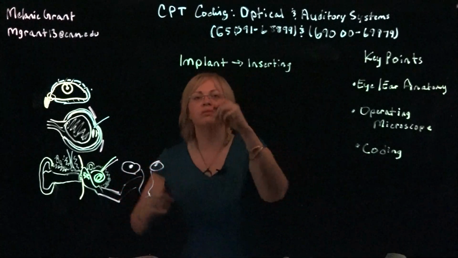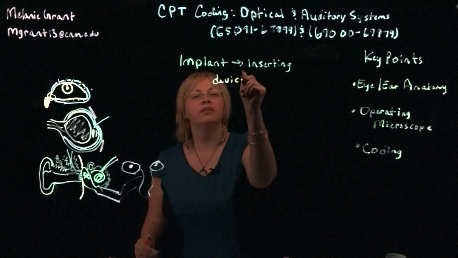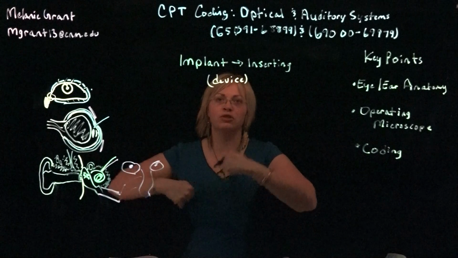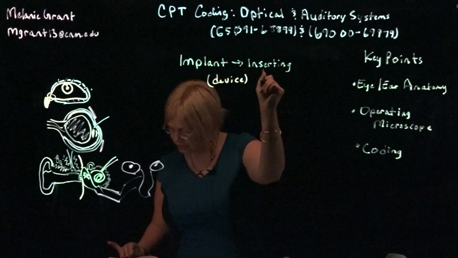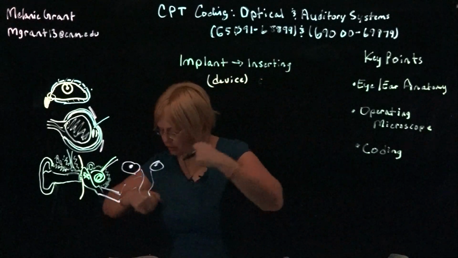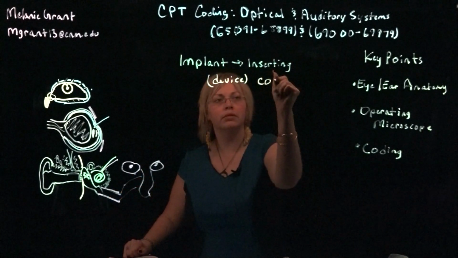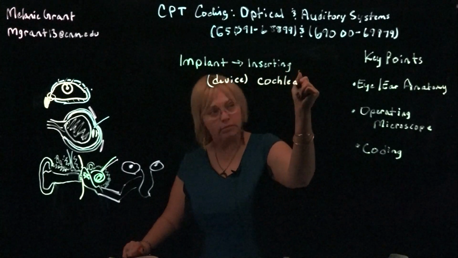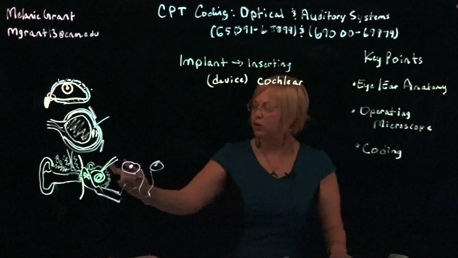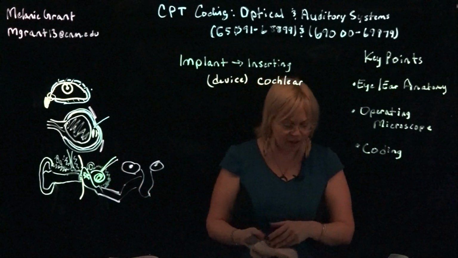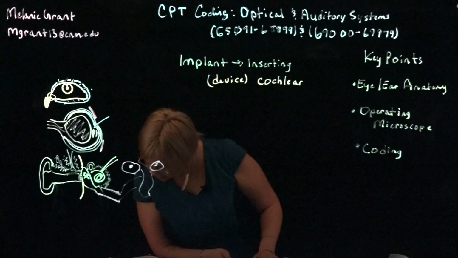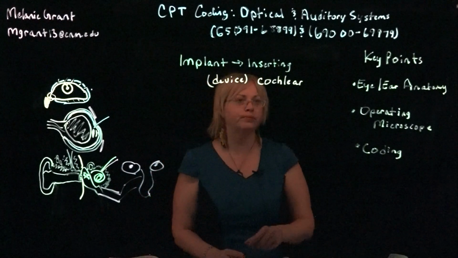So these are some keywords that they aren't saying: an implant is an insertion of a device, and the type of device is a cochlear. This is going to help her with her hearing. So it's a device to replace that little snail-looking cochlea. And which ear is it? It is her left ear.